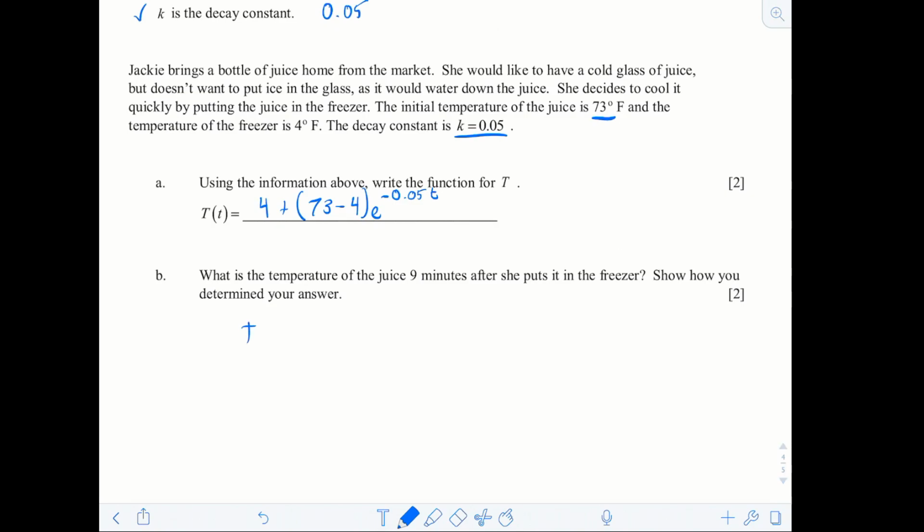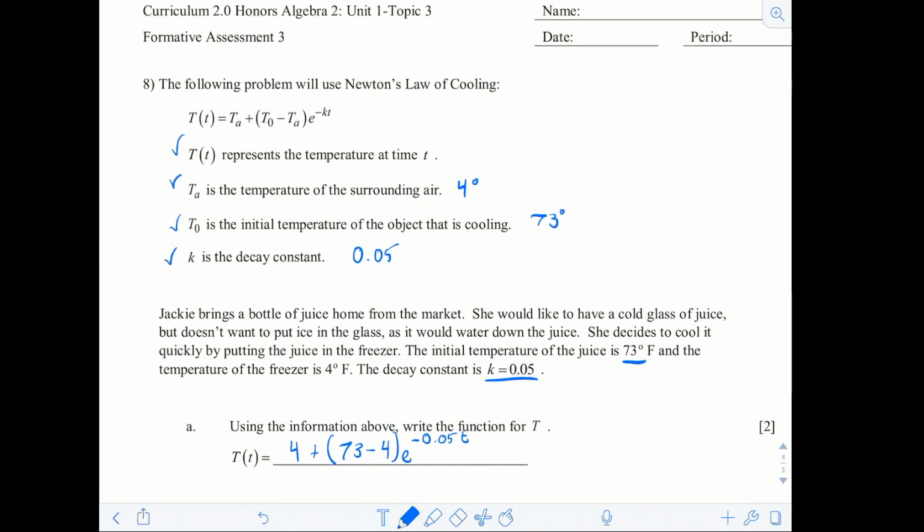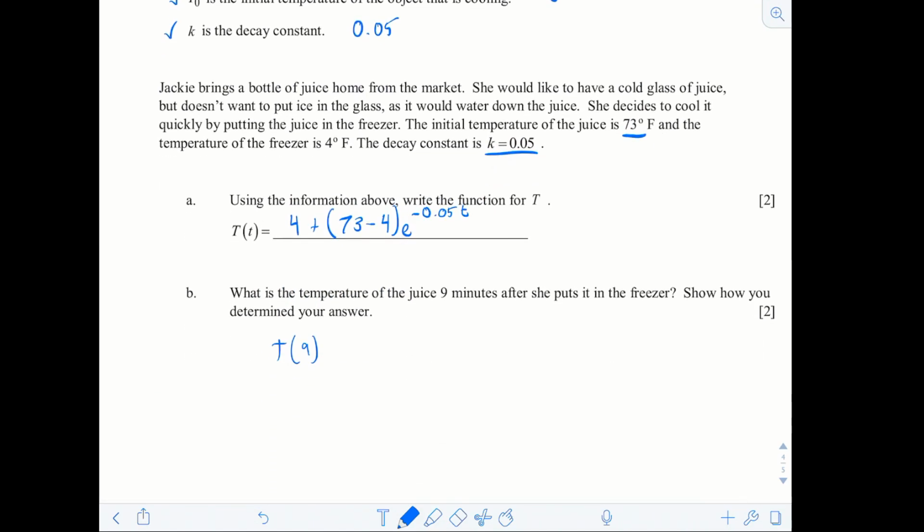So we're going to do T of 9. And if we're talking about 9 minutes, we can assume that t is going to be 9, in terms of minutes. So T of 9 is going to be equal to 4 plus 73 minus 4 times e to the negative 0.05, and then change this to be 9.